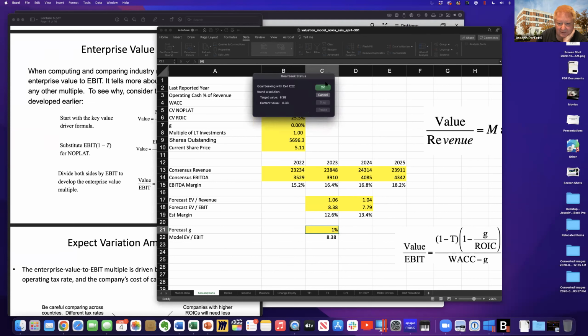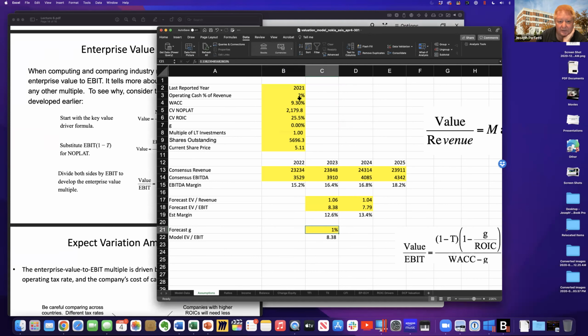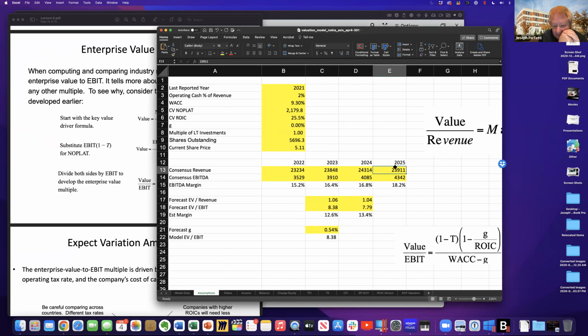So basically, it's going to solve for a G of 0.54%. So at a 0.54% G, these match. 8.38 model, using that academic forecast. This is the real world.